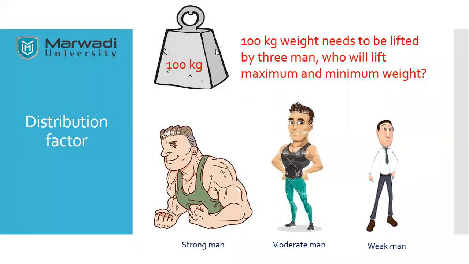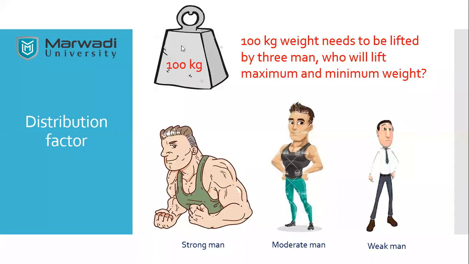Unsymmetric, it will be. Okay. So which man will carry the maximum and which man the minimum weight? Strong will be maximum. Weak will be minimum. Yes. It sounds very obvious that if three men need to lift a weight of 100 kg, all three will lift according to their strength.